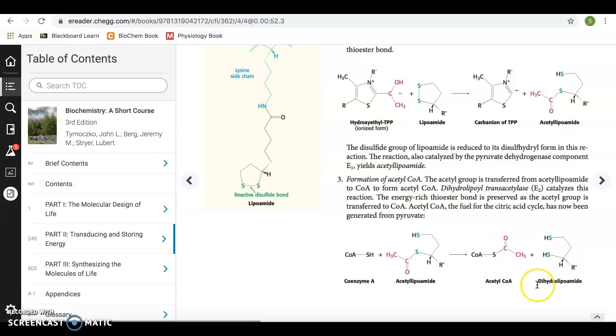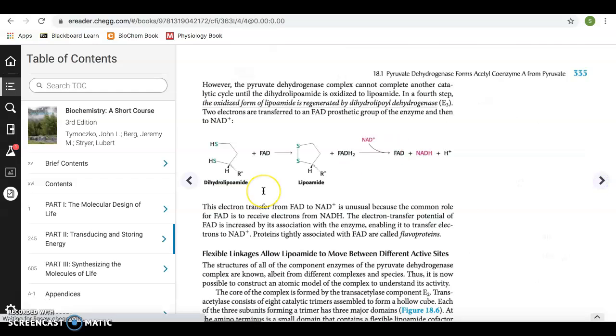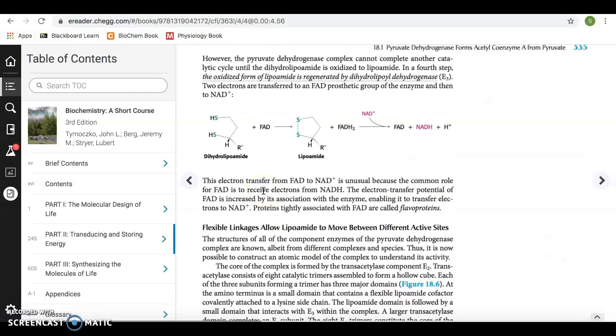Once this is done, we need to transform our dihydrolipoamide back into lipoamide, and that's done with a few oxidation steps where it's oxidized by FAD, and that leaves us with FADH2, which then reacts, gives those protons to NAD plus, forming our FAD and NADH.